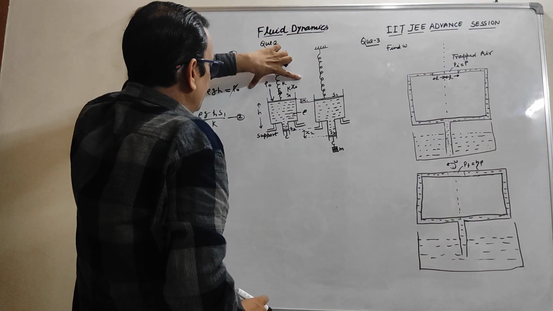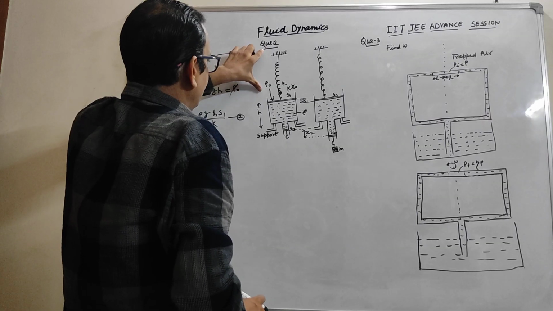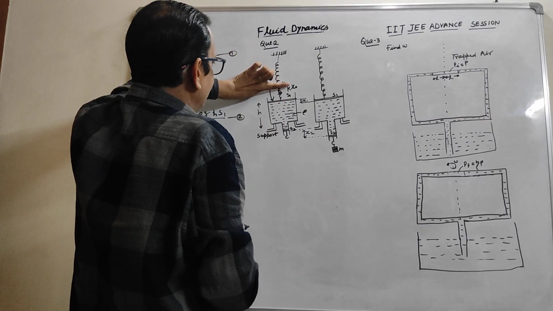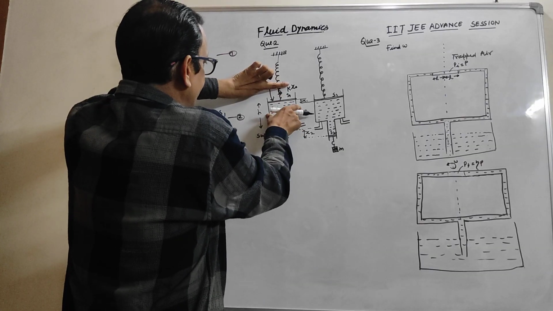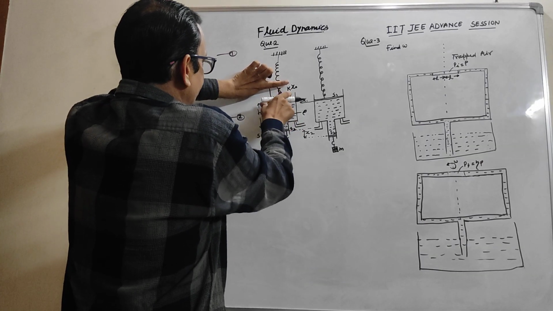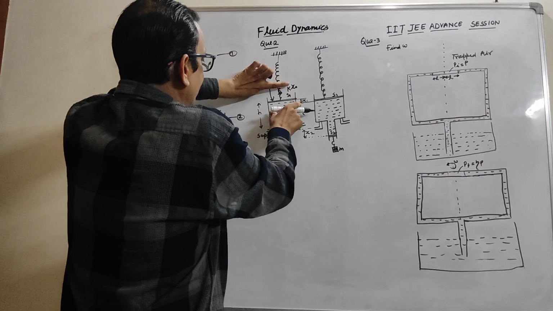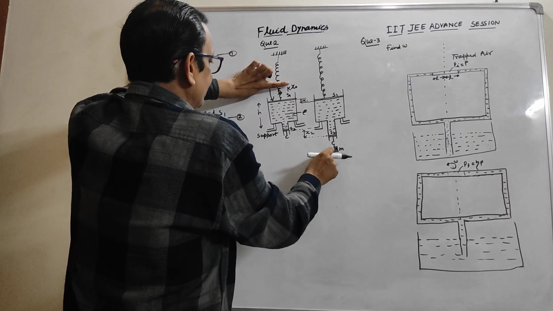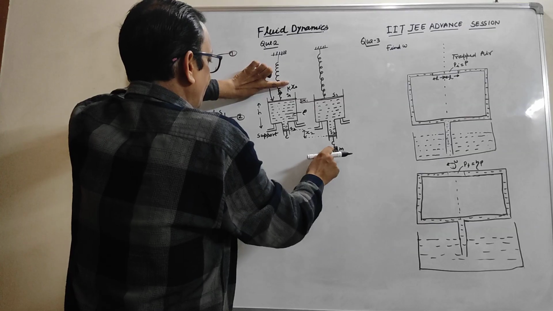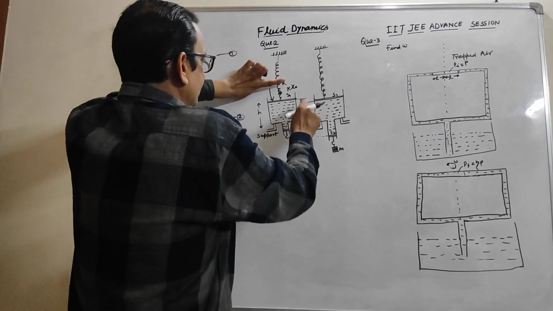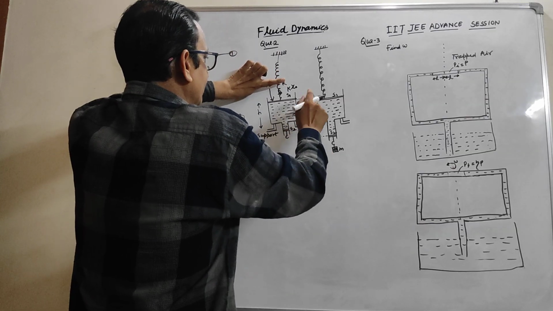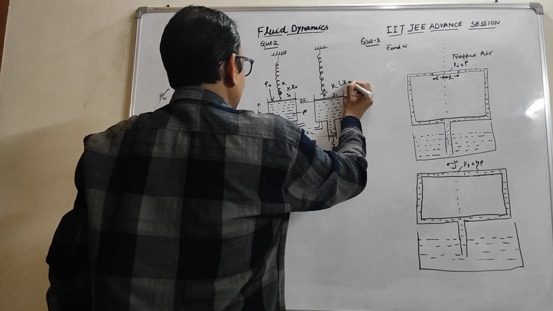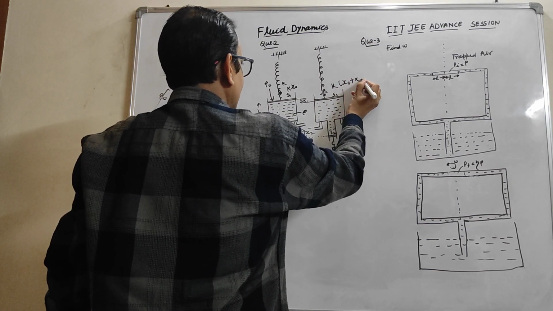When the spring has its natural length and this beaker is suspended from this spring, x naught is the extension, and further when the mass is attached here, x1 is the extension. So the total spring force would be k(x naught plus x1).